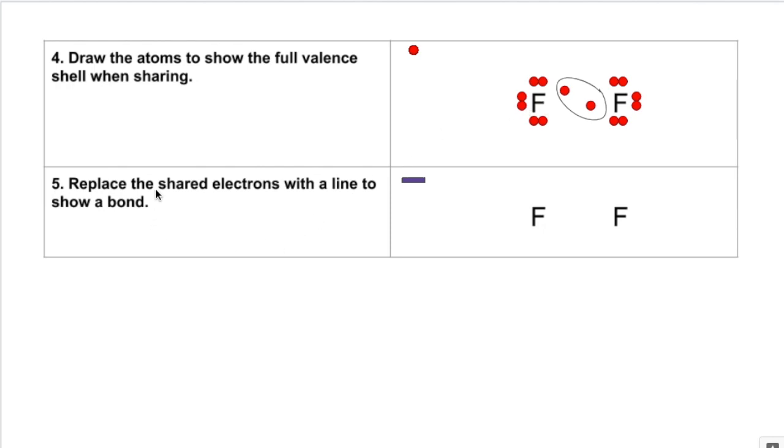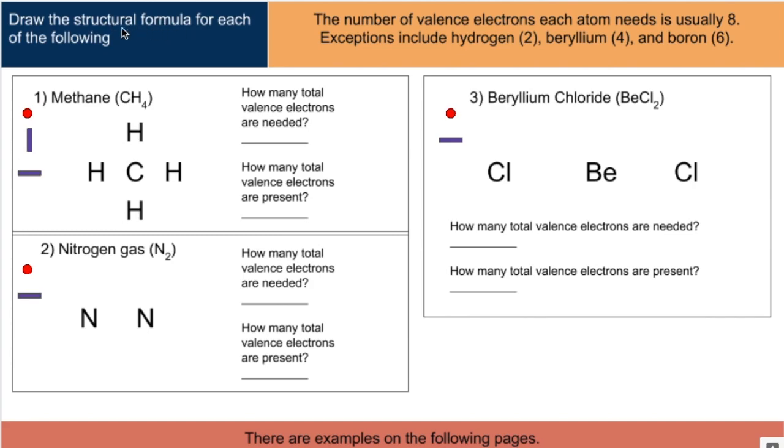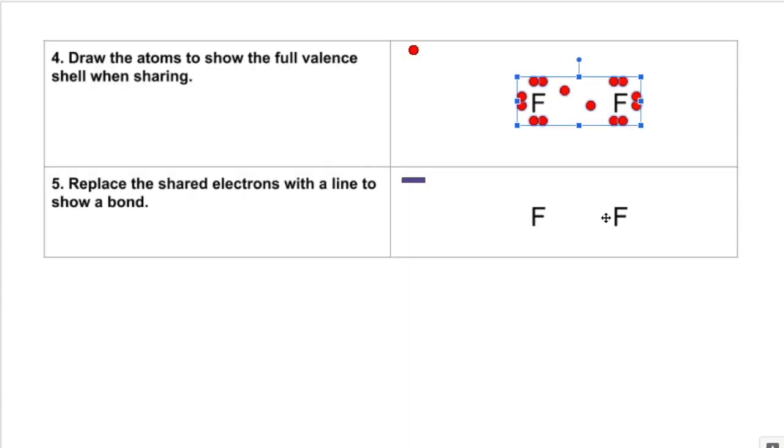So then whenever we go to replace the shared electrons with a line, that's going to show the structural formula, which is what we need for your actual homework. So I'm just going to go ahead and copy the electrons and move them down.